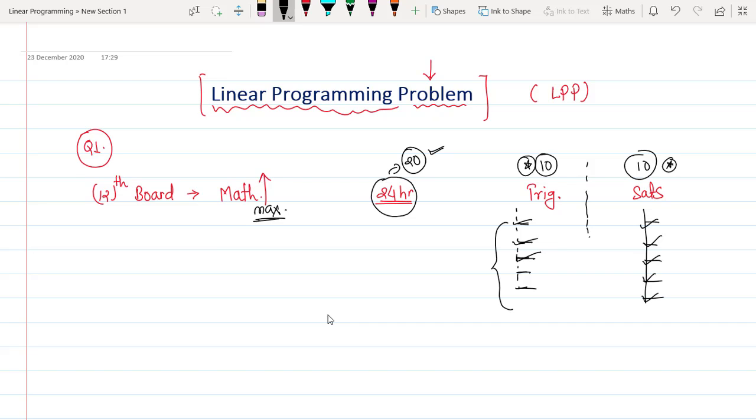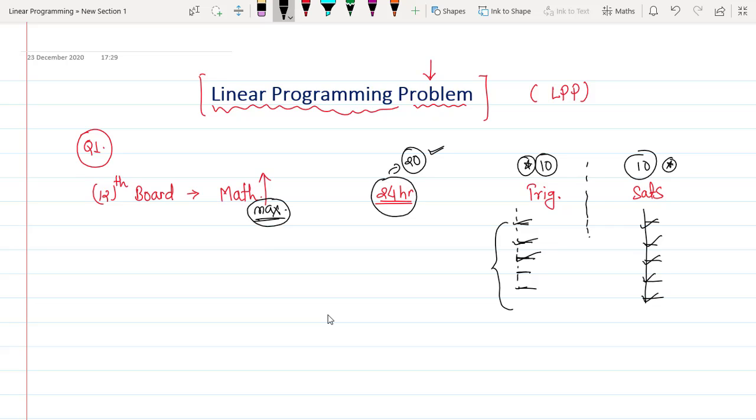Why do you want to cover the maximum topics? Because ultimately your objective is that you want maximum marks. So this is how we do it during exam days, and this is nothing but the linear programming problem.